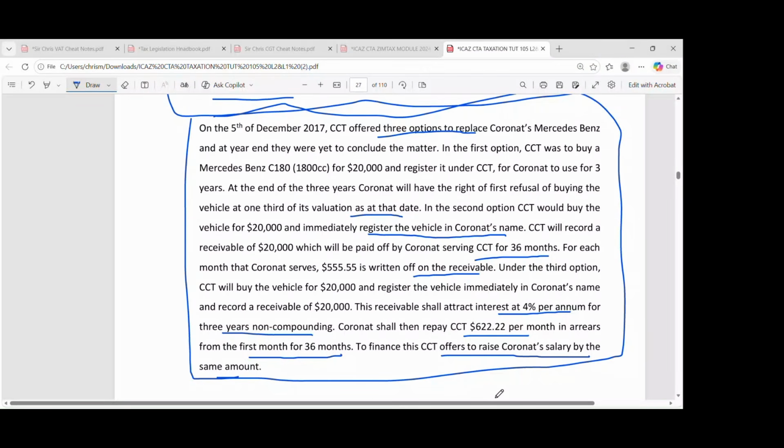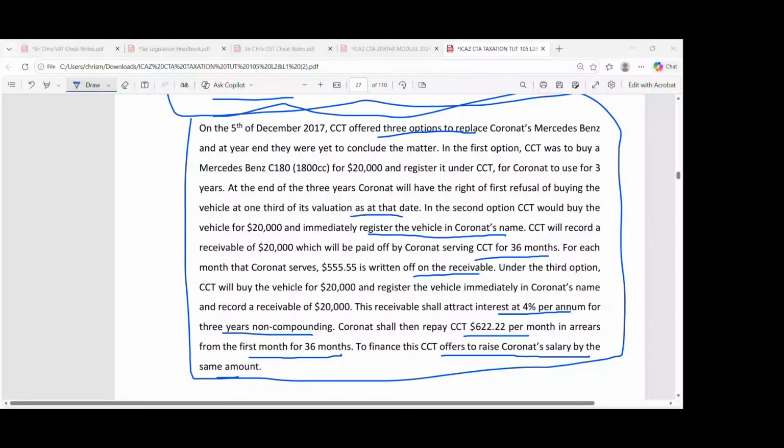So if it's after 3 years, team, we need to consider a recoupment from CCT's perspective. We calculate a recoupment on the amount I claimed as a deduction. The recoupment is an income, which offsets the deduction, so there's no net benefit from this.